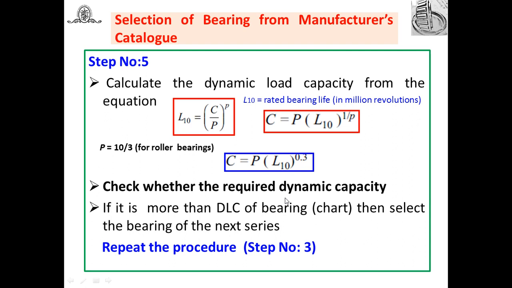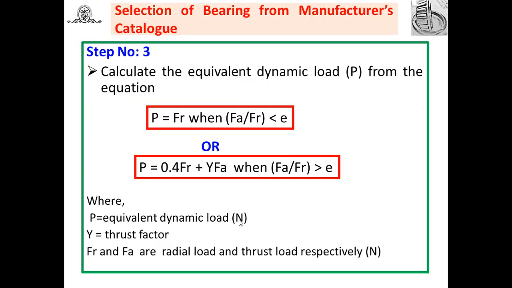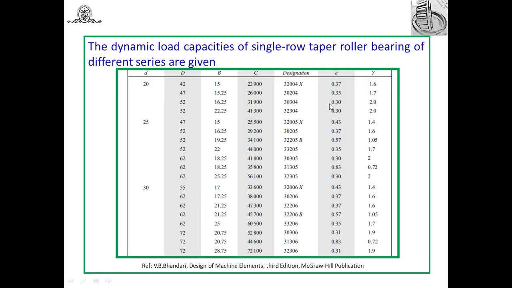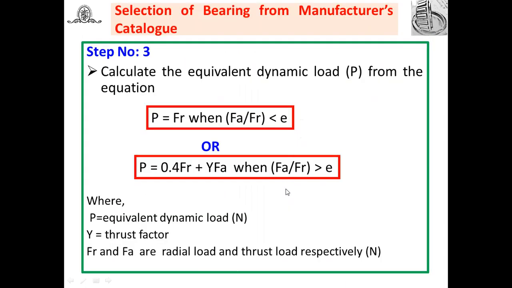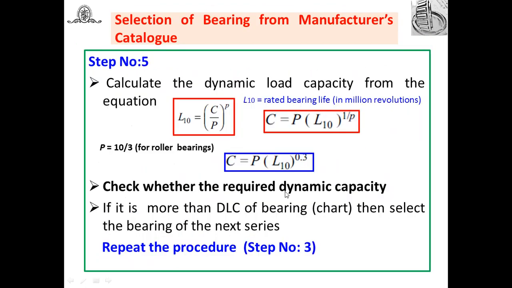If it's less, you can say the selected bearing is suitable. If it's greater, you have to go for the next series of bearing and repeat the procedure to calculate the equivalent dynamic load, because for the equivalent dynamic load, FA by FR less than E and FA by FR greater than E decide the equation, and the E value changes for different designated taper roller bearings. That's why we have to repeat this procedure.